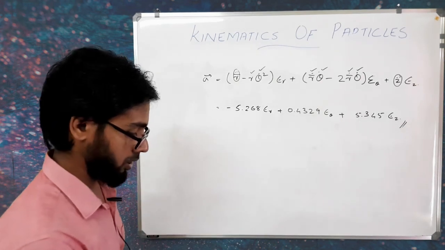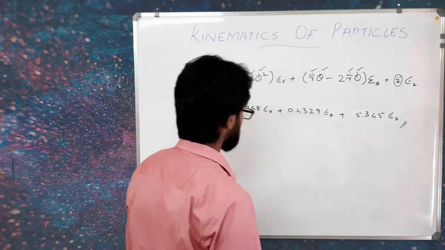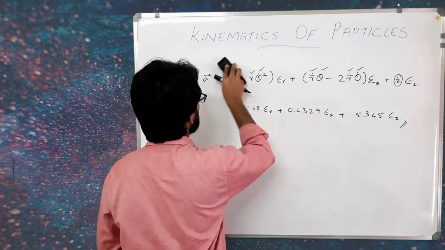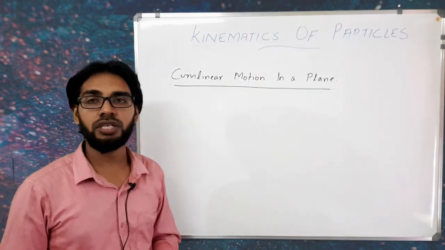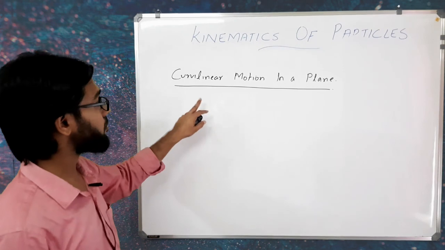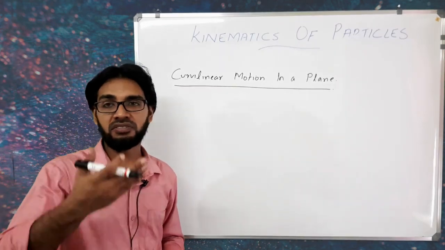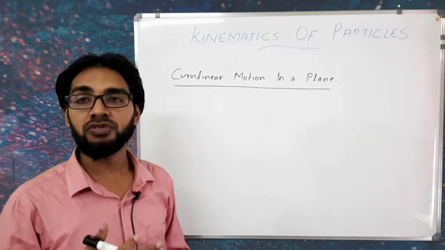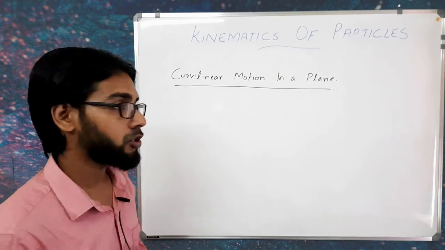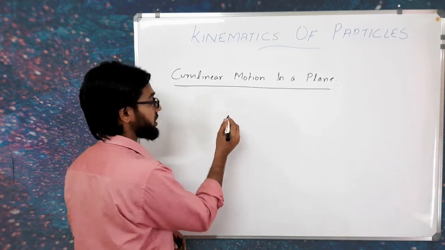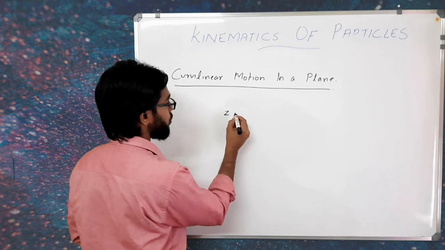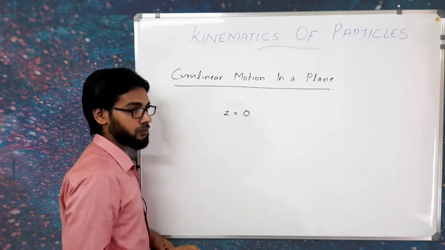Now let us move on to the next topic, curvilinear motion in a plane. Now here we shall be representing the curvilinear motion that is restricted to a single plane using the cylindrical coordinate system. So in that case, the value of z will be equal to 0.